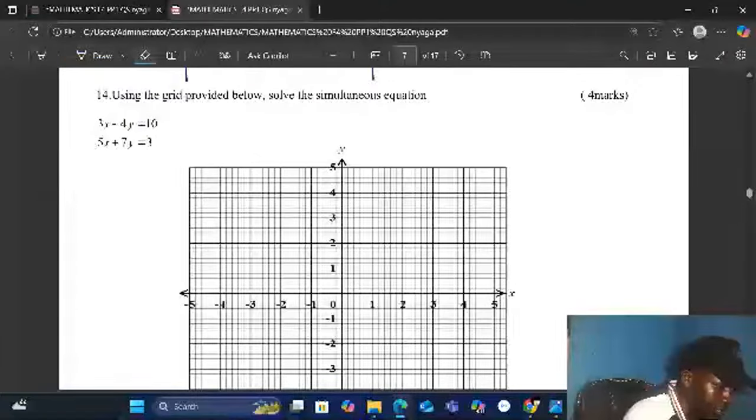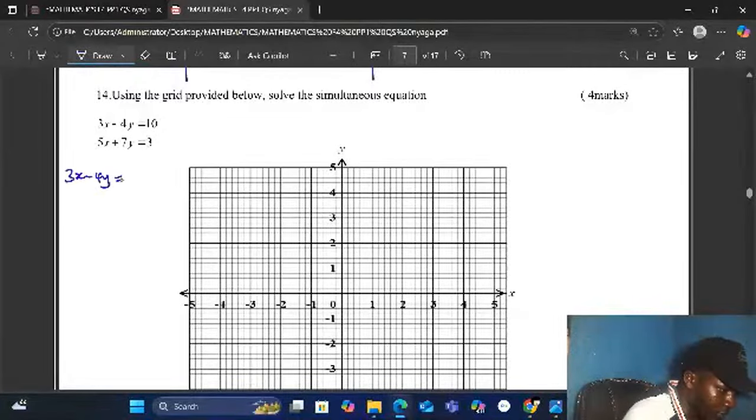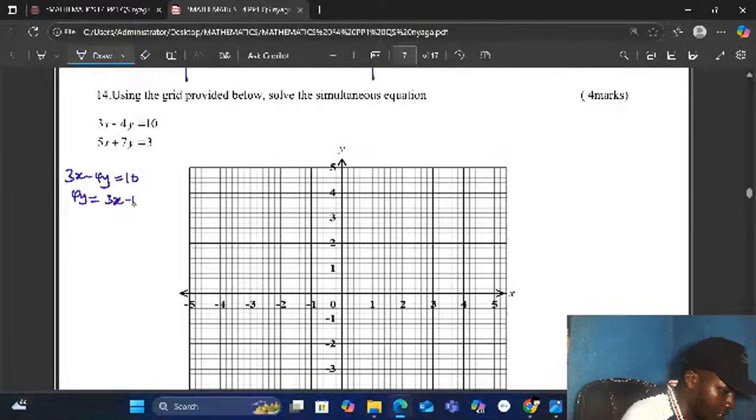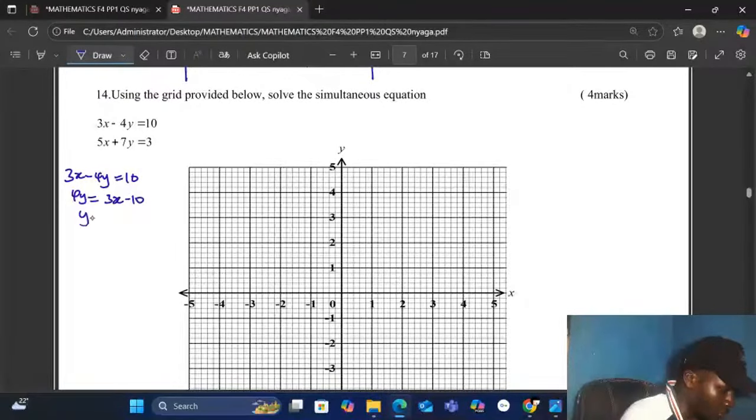3x minus 4y equals 10. Then we can start with 4y, so that we have 4y is equal to 3x minus 10. So that we find the value of y. Y is equal to 3 over 4 x minus 2.5.